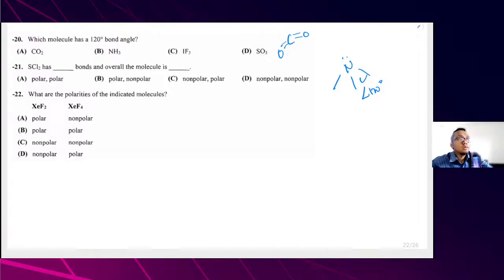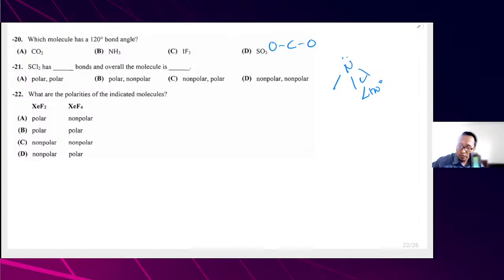CO2 is pen or no way. CO2 is linear, bro. Okay, 180.